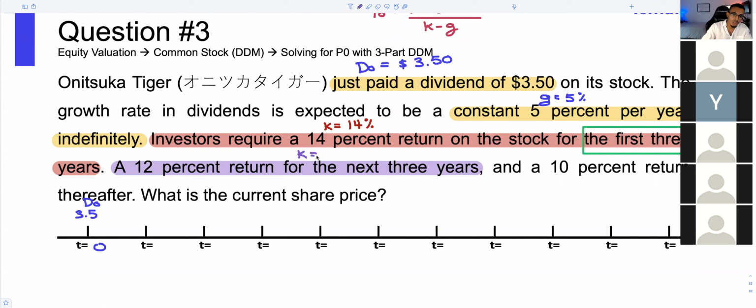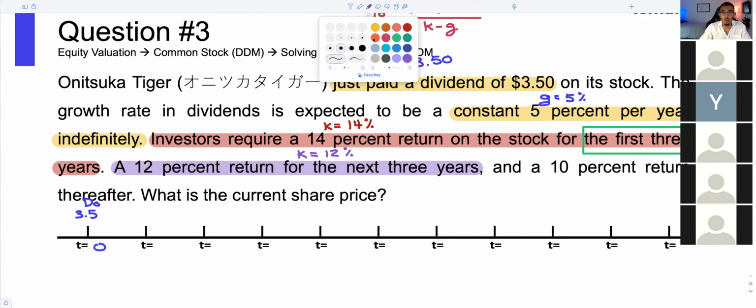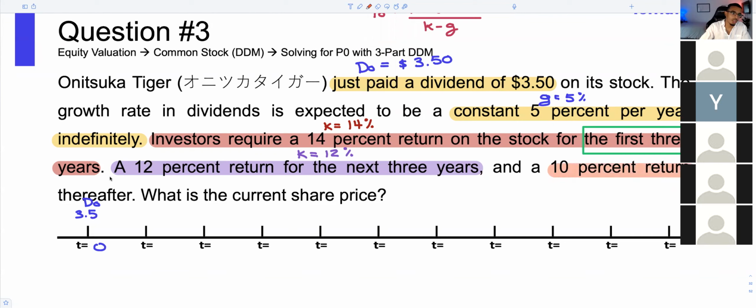It has another 3 years at 12%. That's pretty interesting. And then they're also telling you that after that, they're going to want a 10% return thereafter. So after 3 more years, so after 6 years, they're going to want a 10% return thereafter.